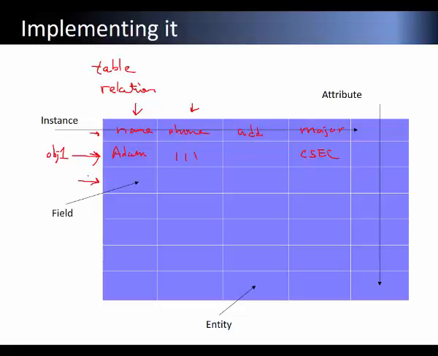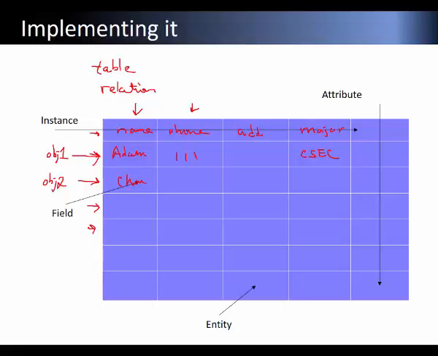And the second object, which is available in the real world, his name is Charlie, and his phone number and address and major, and more, right?